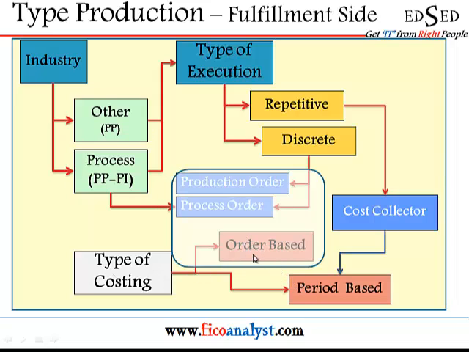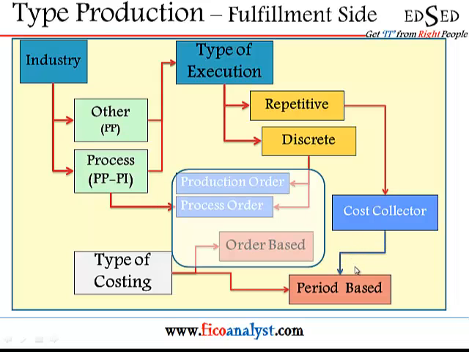This order has nothing to do with the sales order. Order-based means you have either a production order or a process order. That is called order-based. Period-based means you may be closing the period on a continuous basis for cost collectors.